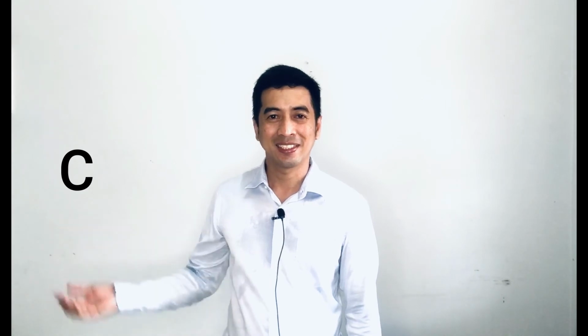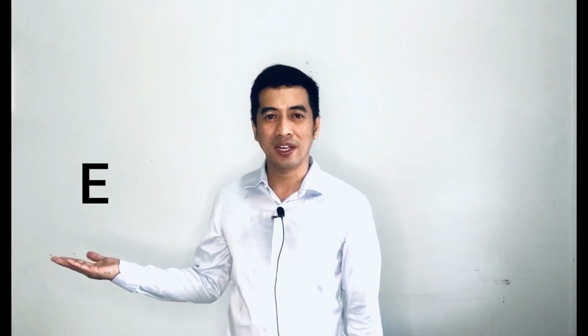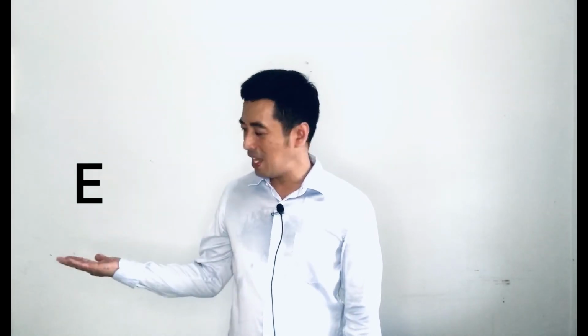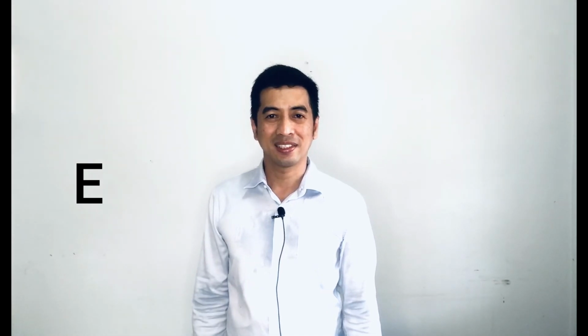What does C stand for? Mona Lisa? C stands for cells. Very good. The first E. What does E stand for? Christy? The first E for energy. Very good. The second E. What does E stand for? Darlene?